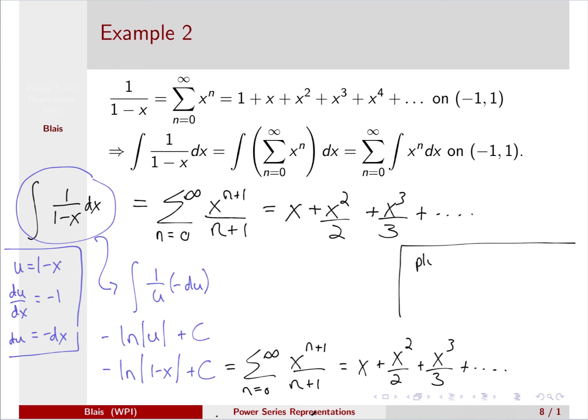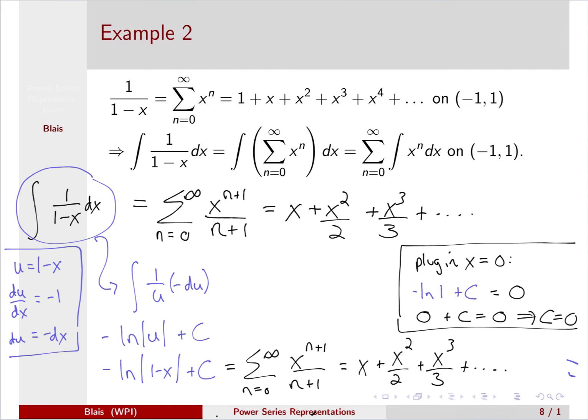So if we plug in x equals 0, on the left, we will get the negative natural log of 1 minus 0, plus c. And on the right, notice when we plug in x equals 0 that every term zeroes out. Natural log of 1 is, of course, 0. And so we get that c is equal to 0.